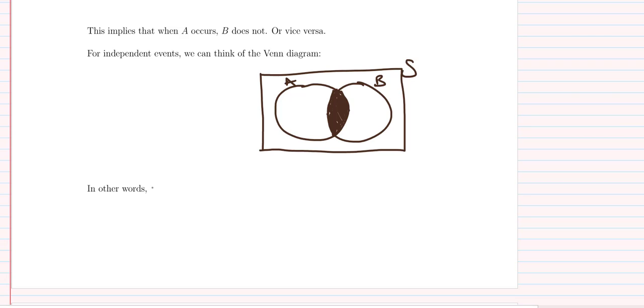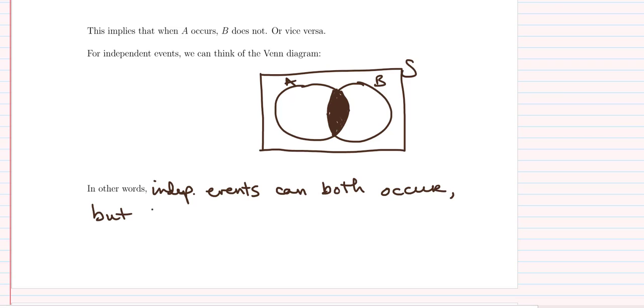Okay, so independent events can both occur. So if A and B are independent, both can occur. But the occurrence of one does not influence or change the occurrence of the other.